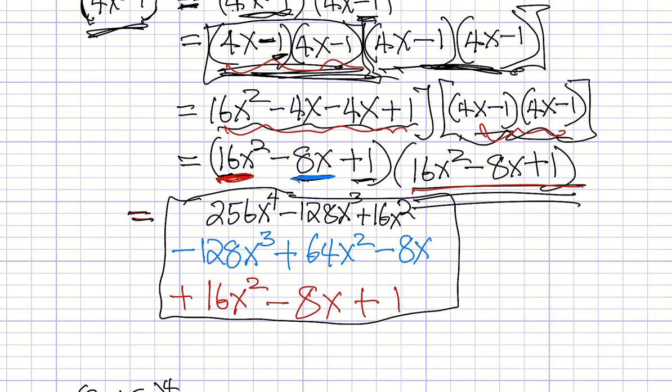So we're going to have, look at it carefully, 256x to the power 4. And then what is that? We'll add this to that. Really nothing is canceling now. What is that?